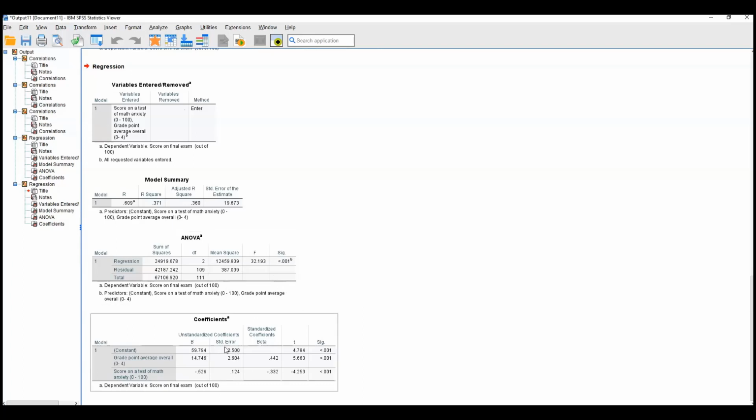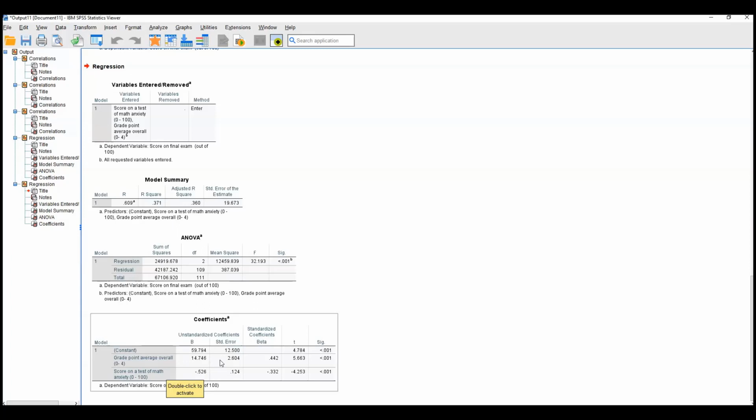And then finally, we're going to drop down here to the coefficients table, which looks very similar. It's still got the constant. What does that mean? This would be the final exam score if GPA was 0 and the test of math anxiety score was 0. We know we don't have such a thing, so that value doesn't really mean anything, but that's just the constant score. And then, rather than just one regression coefficient, we now have two.